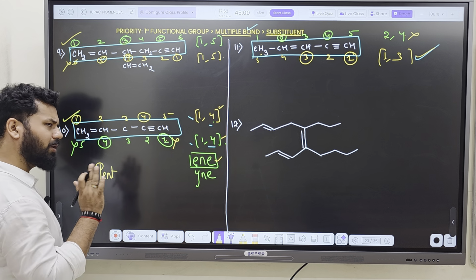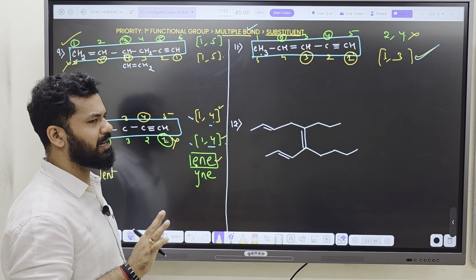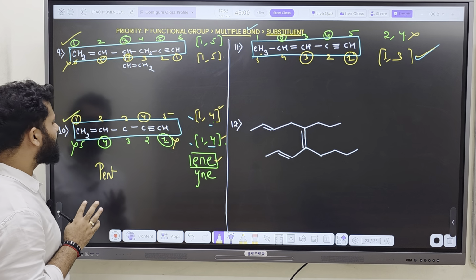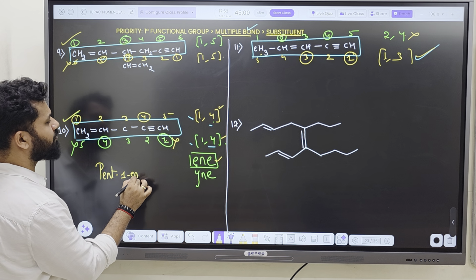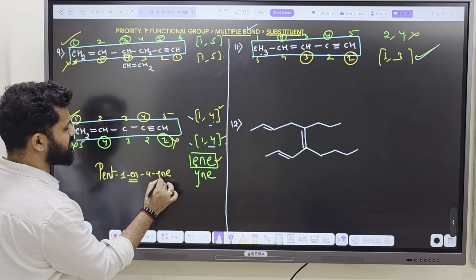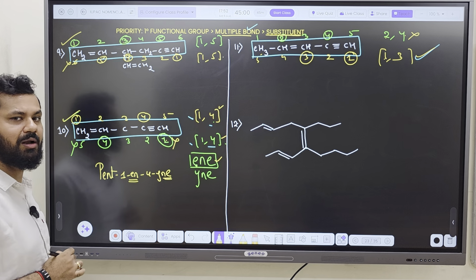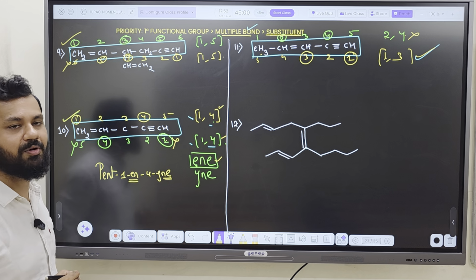Sir, is it penta? No, it is pent, because there is only one double bond and only one triple bond. There are no two double bonds. All right, pent. At first position I have ene, and at fourth position I have yne. Again, ene is to be written first, yne later, alphabetical order. And I did not include E over here since the next alphabet was Y.